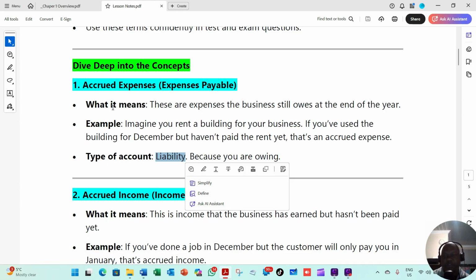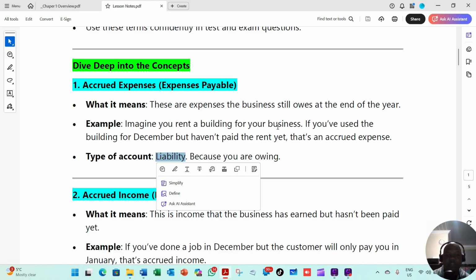The definition is that these are expenses that the business still owes at the end of the financial year. The financial year has ended, say it's February, but there are expenses that have not yet been paid. Those expenses are called accrued expenses. They don't fall under the income statement, but the balance sheet, because they are liabilities. Here is an example.